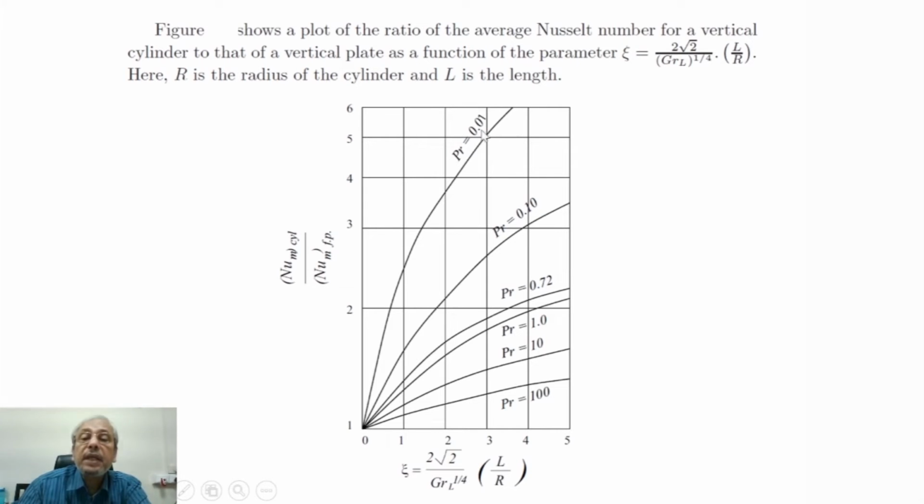We can see the variation of Prandtl number is from 0.01 to 0.1 to 0.72 for air, to 1 to 10, and then we have also indicated here for Prandtl number equal to 100. High Prandtl number means basically these are flows of oil or similar fluids.